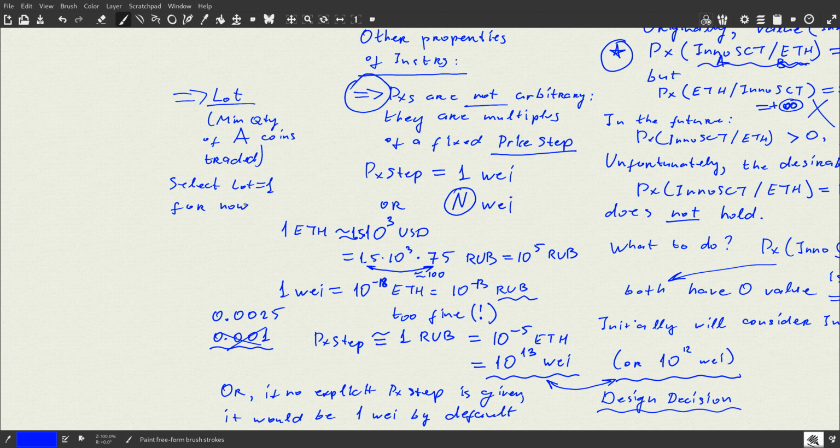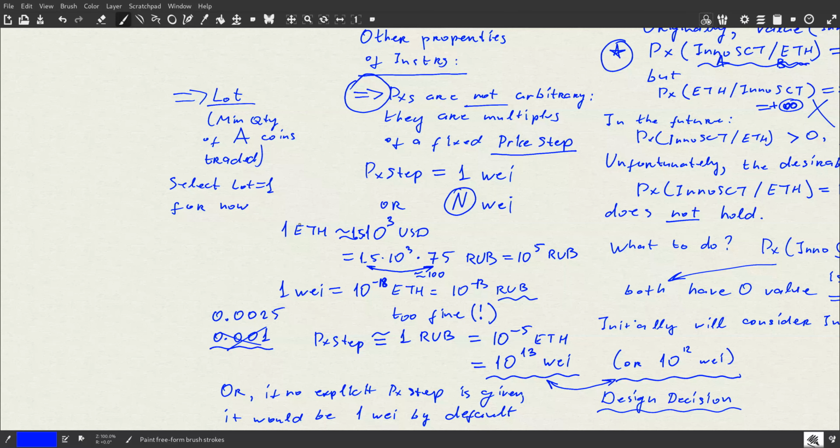But in our case, let's allow the lot to be equal to 1. I don't think it makes any sense to allow buying or selling a fractional number of our coins.